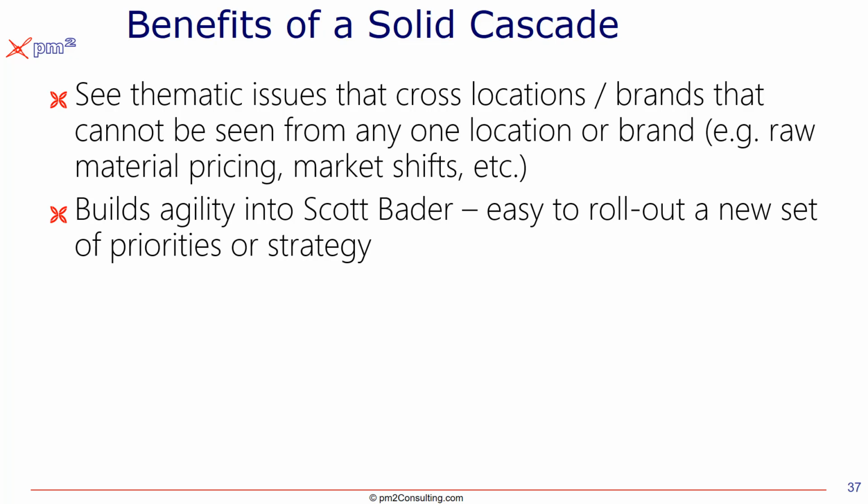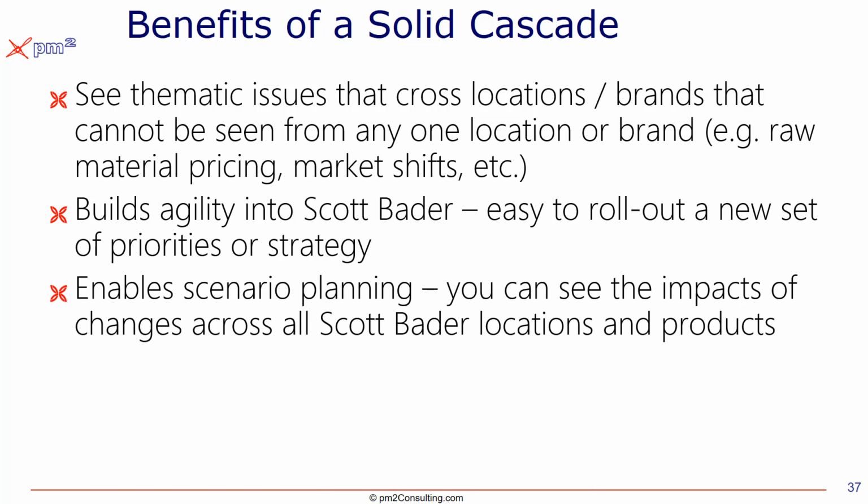So we can use that cross-location wisdom and our agility to get in and out of markets faster than the big guys can. And then it also enables you to do scenario planning. That way you can see the impacts of changes in weightings or strategic goals across all locations from headquarters before you roll them out. And that way you've got a better expectation about what the future might hold.